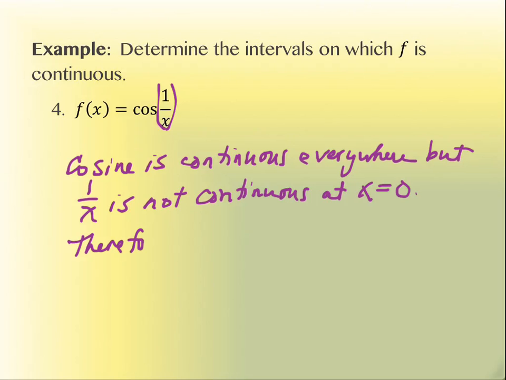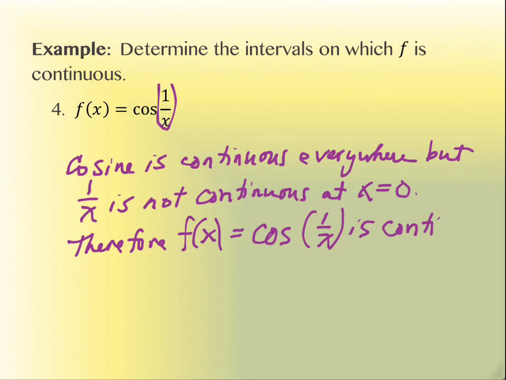Therefore, f of x, which is the cosine of 1 over x, is continuous, not everywhere, right? But on the interval negative infinity to 0, and then 0 to infinity.